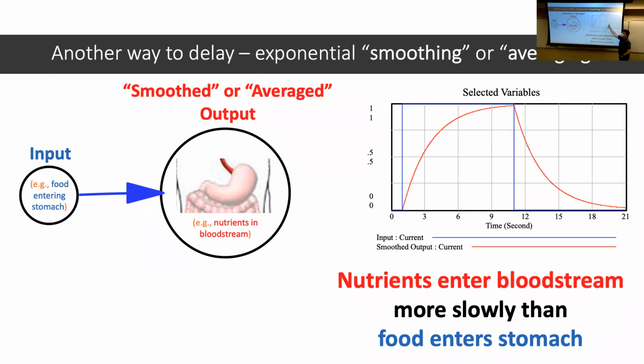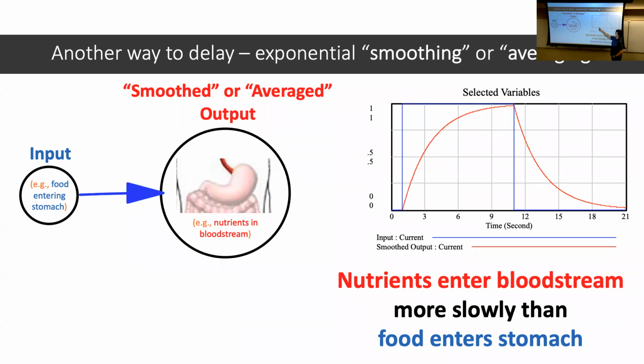And as the food exits your stomach, there might still be some nutrients sitting around in your gastric acids that are going to continue to be absorbed into your bloodstream. So your bloodstream still feels these nutrients. It takes a while for them to decay off.